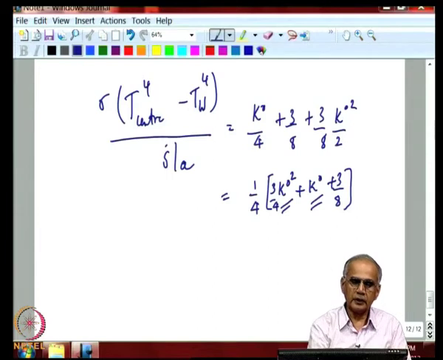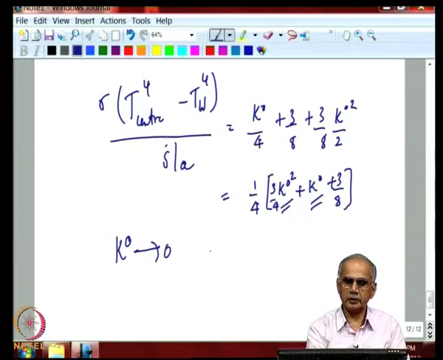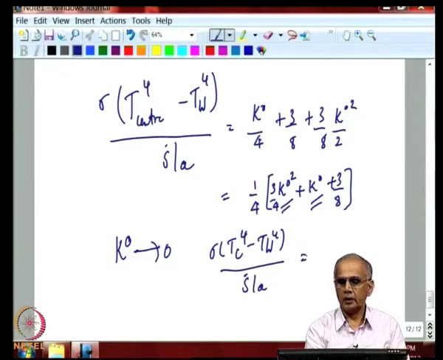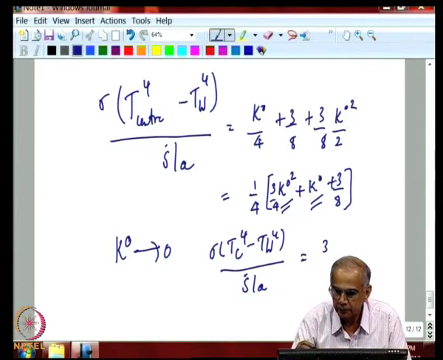Let us see the other interesting limit, K0 tending to 0, the thin limit. There we see that the center line temperature minus wall temperature becomes nothing but 3 by 2 here.